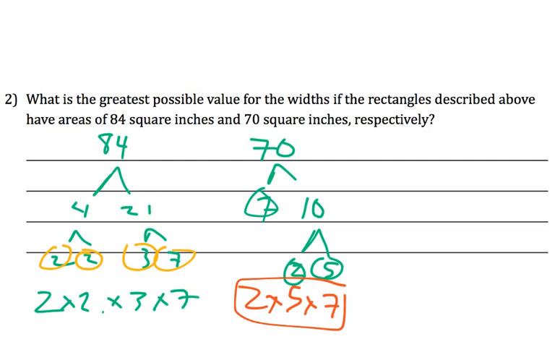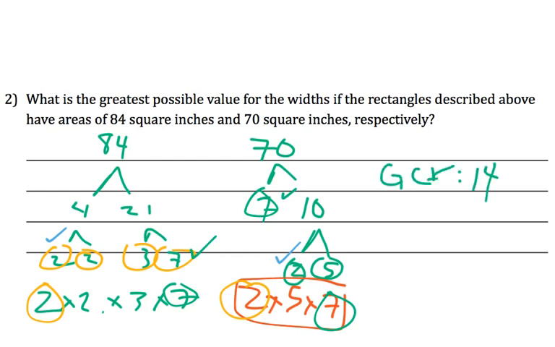And now that I have these written out, I can look at these and say, well, they both share a 2. And depending on where you noted it, you could run it back there. They both share a 7. And so I guess their greatest common factor between these two numbers would be 14. So as far as these ones, their greatest width would be 14 inches.